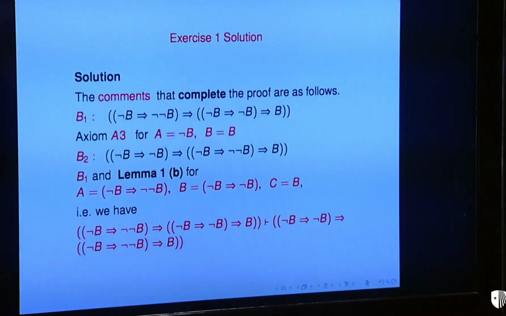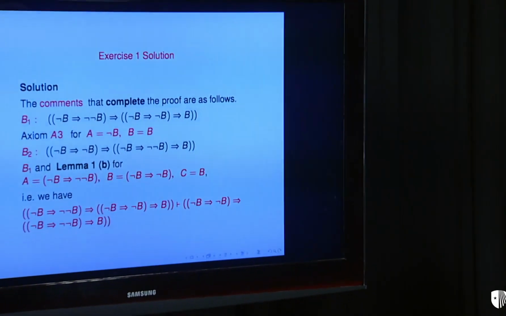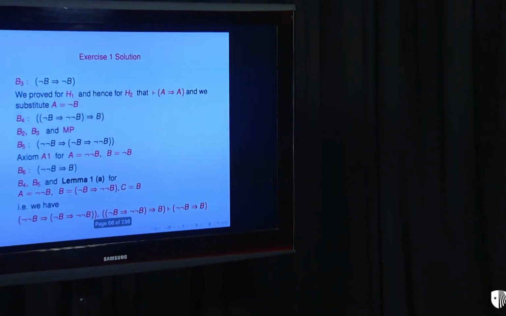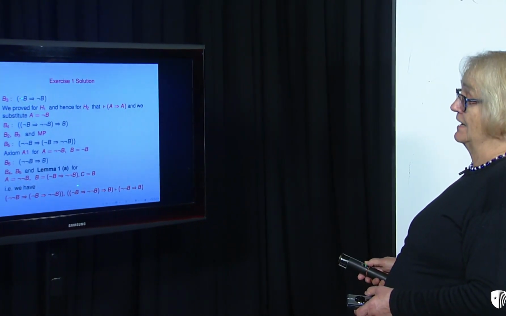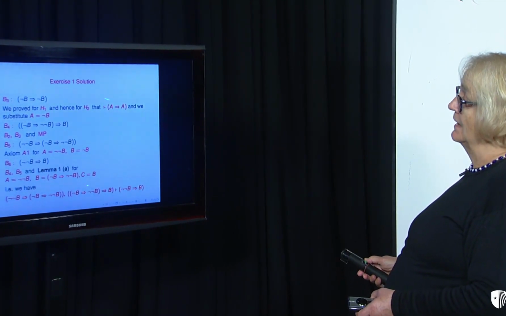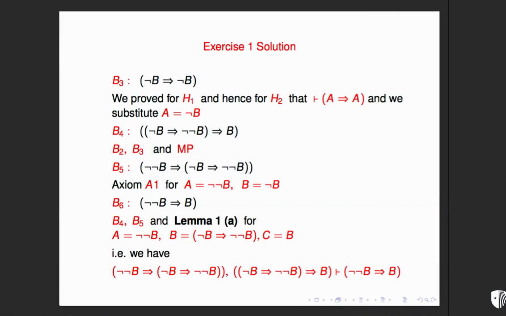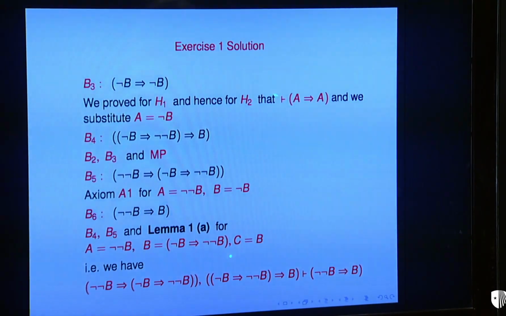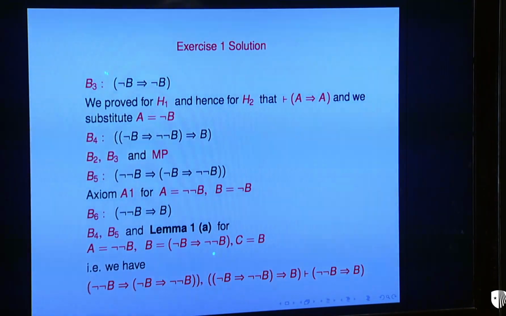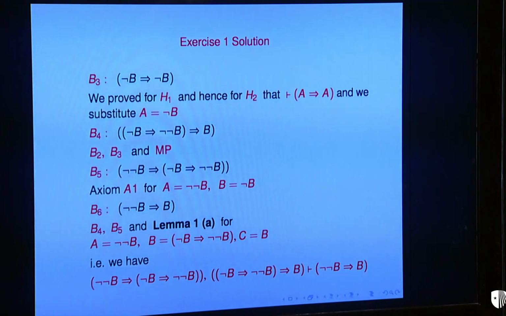This is a little bit difficult, but it's not that difficult. Now I put this: not B implies B. This is a particular case of A implies A, a fact we already proved. In particular, we can put the whole proof of A implies A instead of it, and that is done.